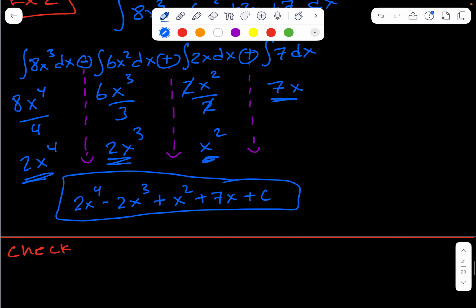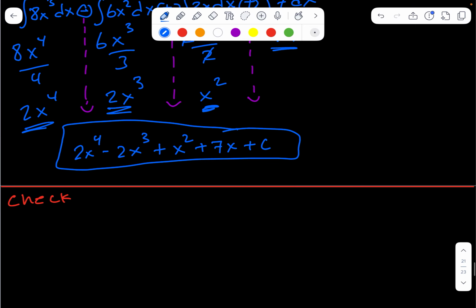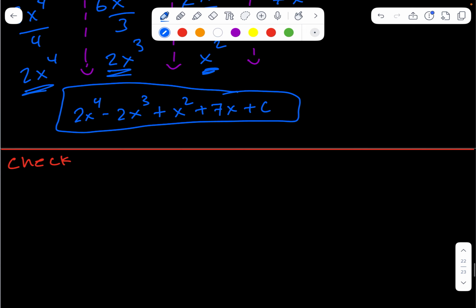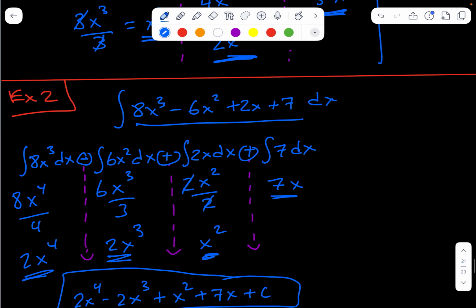One thing I also want to do is check our work. So recall that integration and derivatives are just opposites of each other. So if we have 2x to the 4th minus 2x cubed plus x squared plus 7x and take the derivative of this, it should come out to be what we started with.